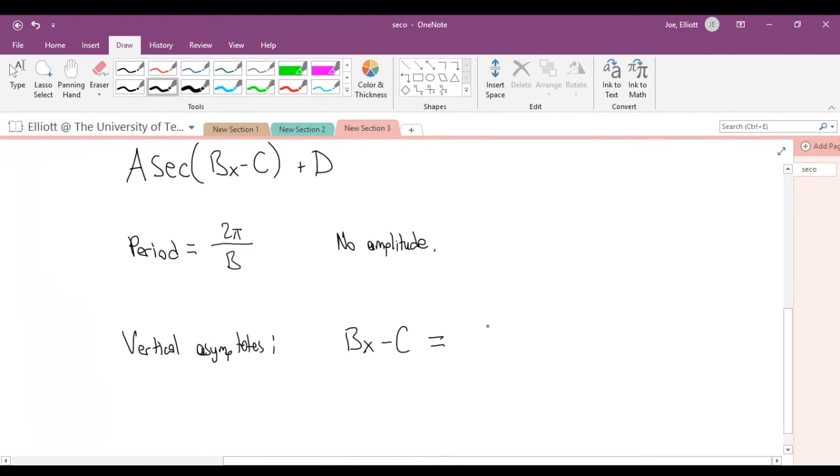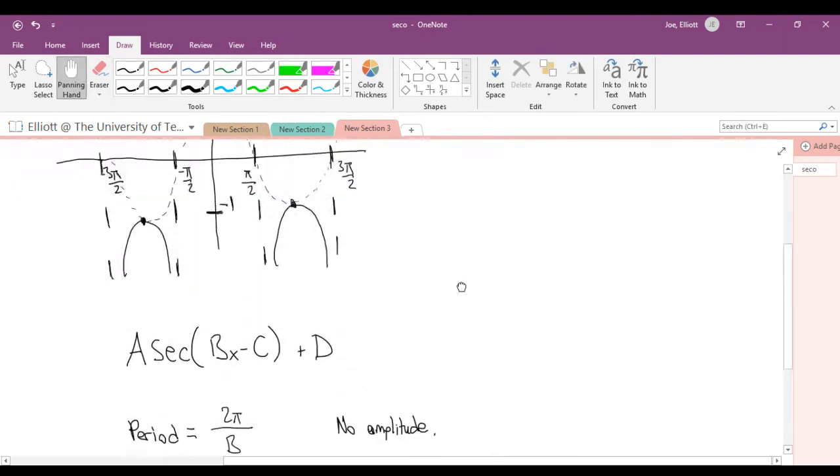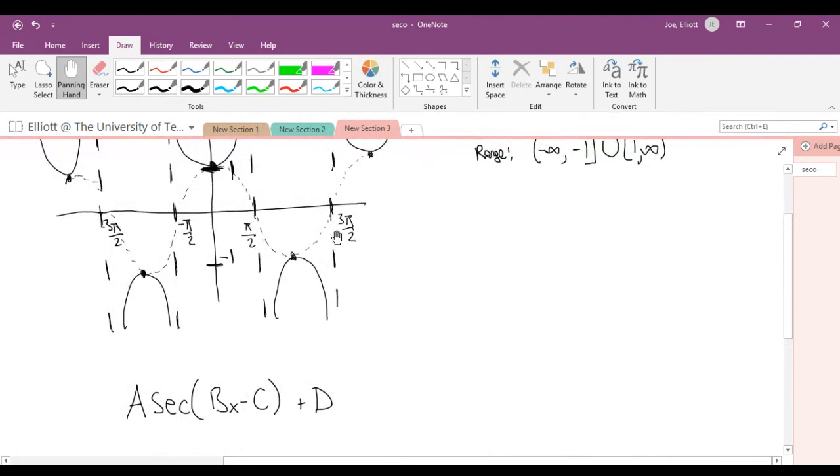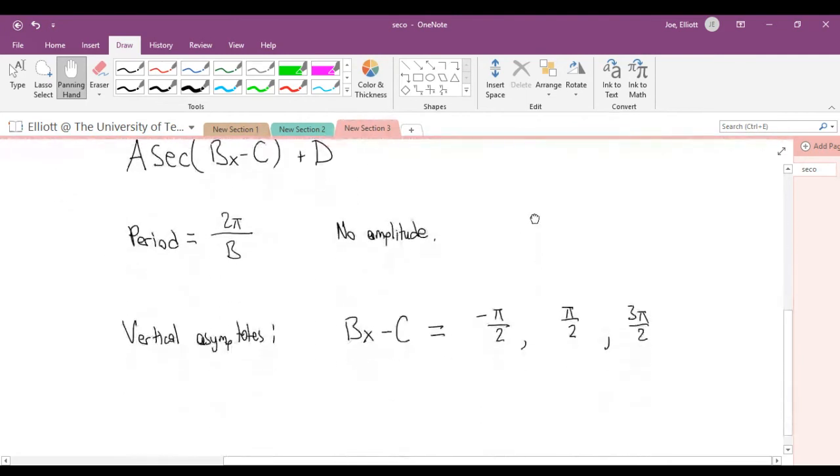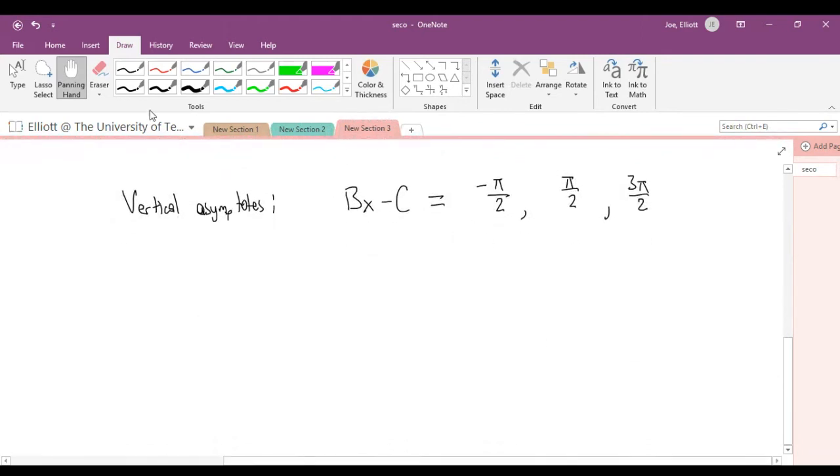Now, I guess there's a couple of ways of doing this. In my problem in the review, we were looking for 3 consecutive vertical asymptotes. So what you can do is list 3 consecutive vertical asymptotes for the ordinary secant function. Yeah, so for secant, negative pi over 2, pi over 2, 3 pi over 2, that's 3 consecutive vertical asymptotes. And then you'd want to take this and solve for x.